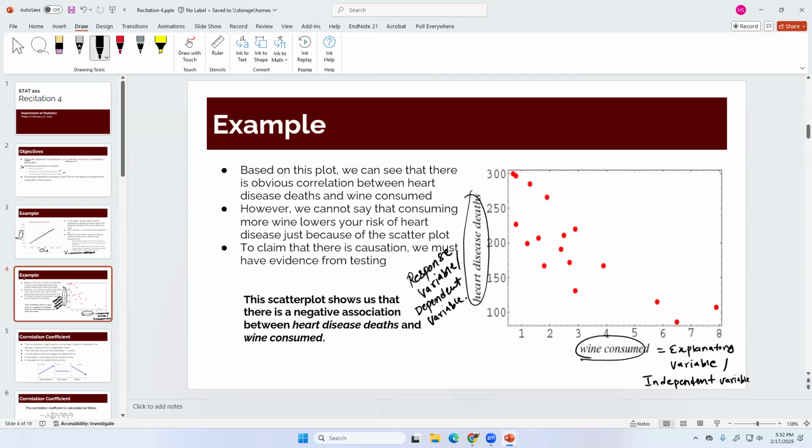So these variables have names. The explanatory variable or independent variable goes on the x-axis, and the response variable or dependent variable goes on the y-axis. These names are pretty intuitive. Explanatory means that wine consumed is explaining your heart disease deaths. So this is your response, and this is your explanatory, and this all falls under scatter plot.